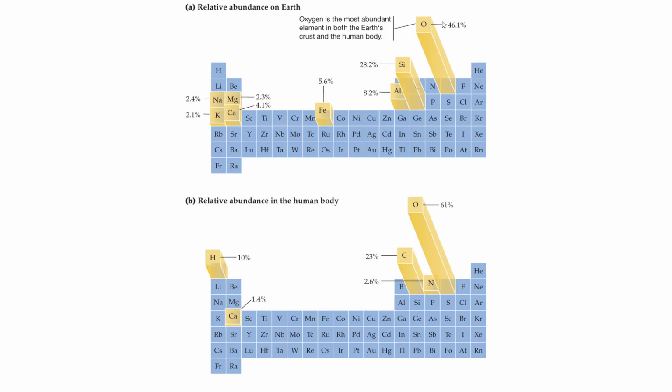So the crust of our Earth is made up of silicon dioxide, and then we also have iron and aluminum and some of these other metals. Sodium, magnesium, calcium are going to be these metals that make up our Earth. Whereas our human body, we can see, is made mostly of carbon and oxygen and hydrogen and nitrogen, and then calcium for our bones.